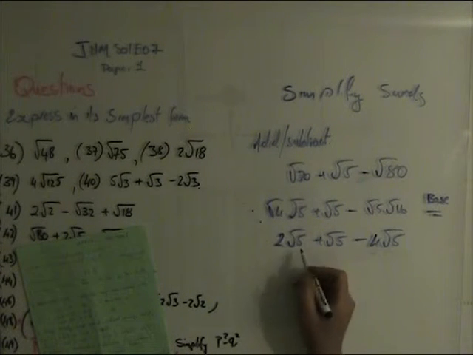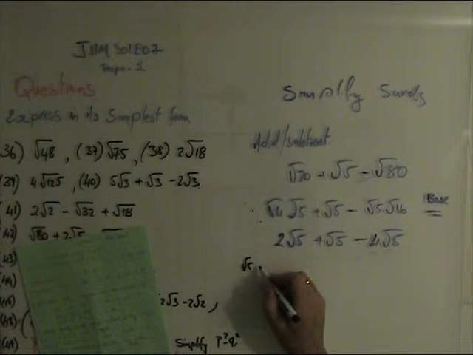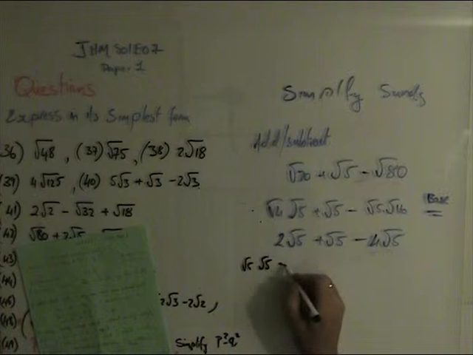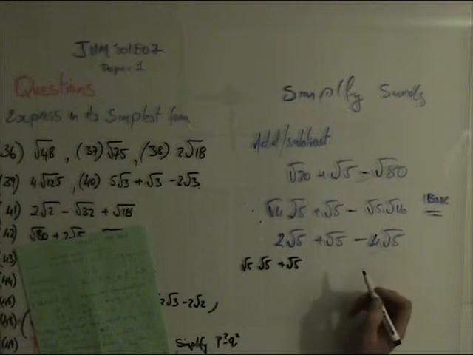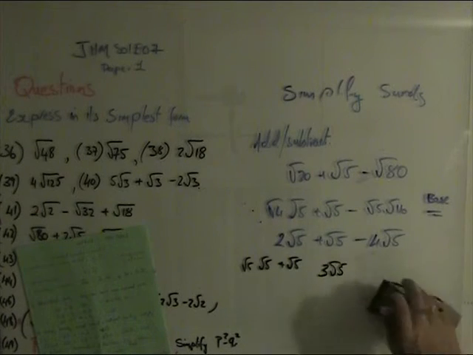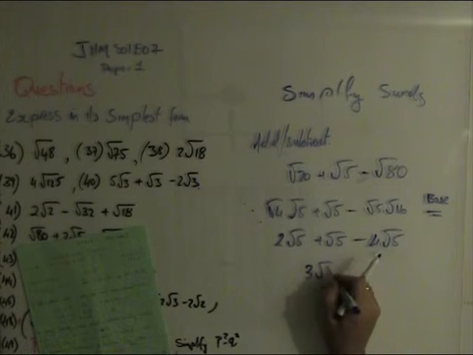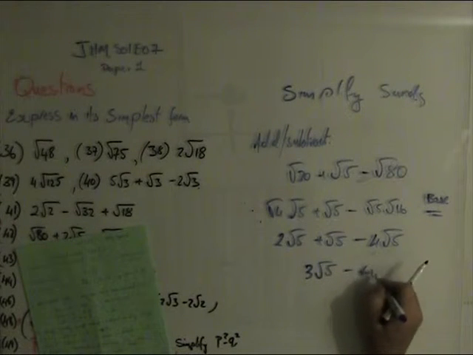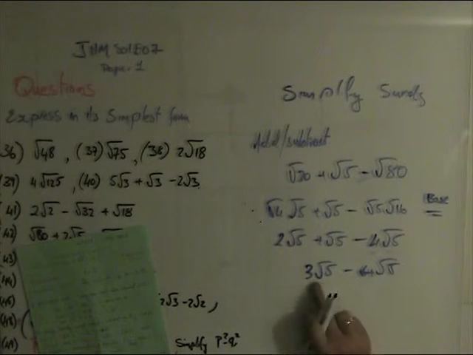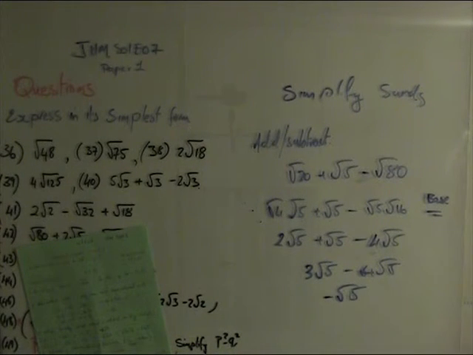We've got 2 of them here and we've got another one here, so we just add them. It becomes 3 times root 5, minus 4 times root 5. Take the smaller from the larger and keep the sign of the larger. That's the answer to that.